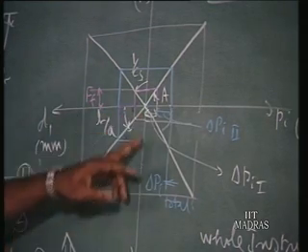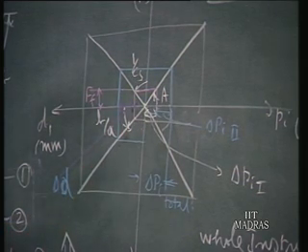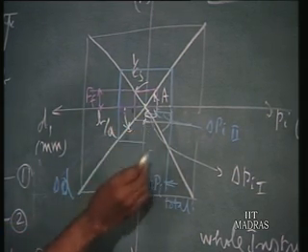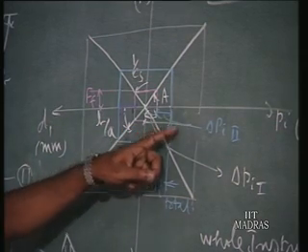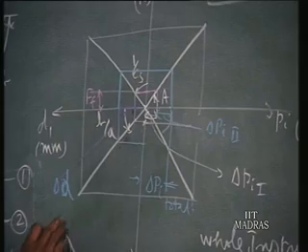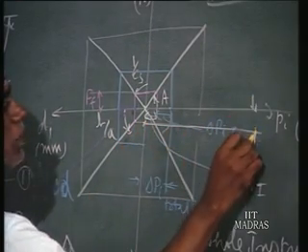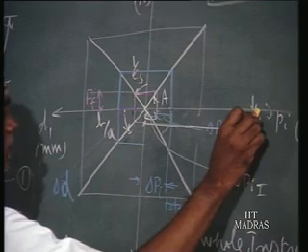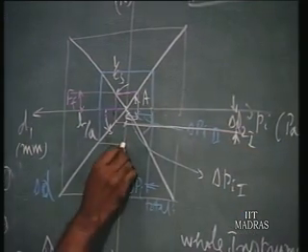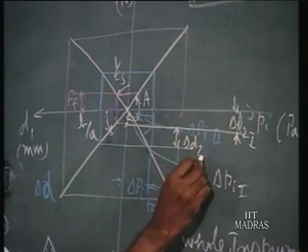Similarly, how many millimeters of motion are lost? Again you find that here. This is the output error, previously delta D2 1, and now delta D2 2.